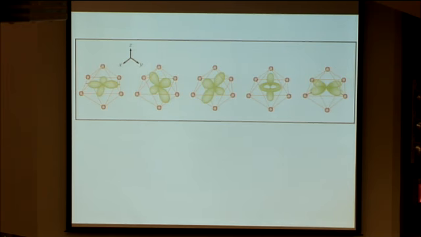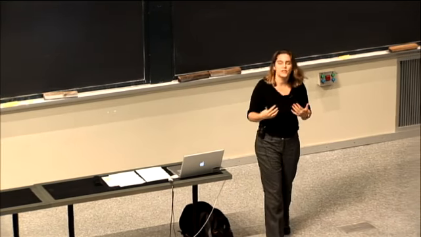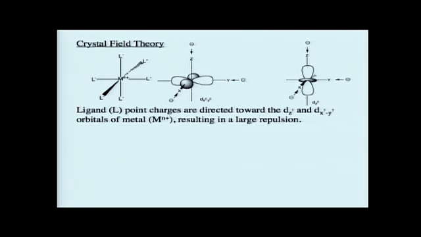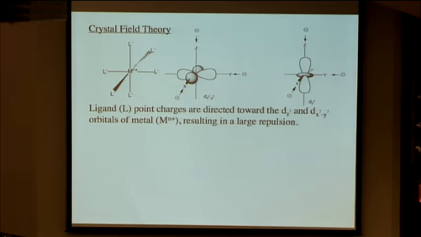Yeah, and that's the basic idea. So let's look at each one of these orbitals now in detail and think about how a ligand that's pointing directly toward it is going to be affected. So we have the ligands L as these point charges directed toward the dz squared and the dx squared minus y squared orbitals, and these would result in quite a bit of repulsion.